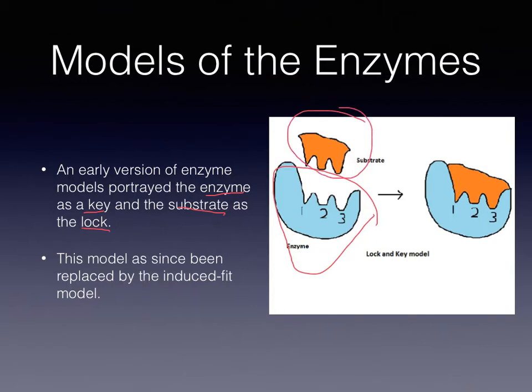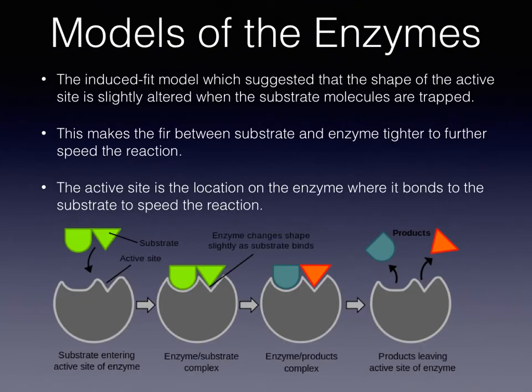This model has since been replaced by the induced fit model, which suggested that the shape of the active site is slightly altered when the substrate molecules are trapped. This makes the fit between substrate and enzyme tighter to further speed up the reaction.